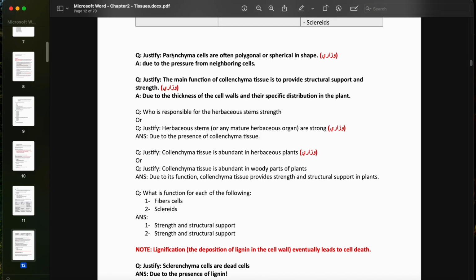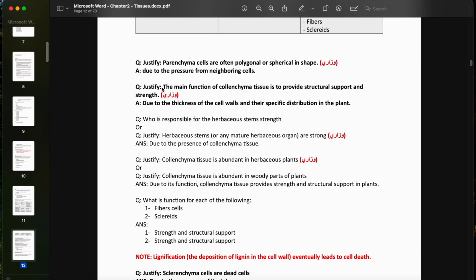Question: they're telling you to justify or explain. The parenchyma cells are often polygonal or spherical in shape. We've discussed this earlier. We said that it's due to the pressure from the neighboring cells. Justify: the main function of parenchyma tissue is to provide structural support and strength. They're asking you why the function of parenchyma is support and strength.